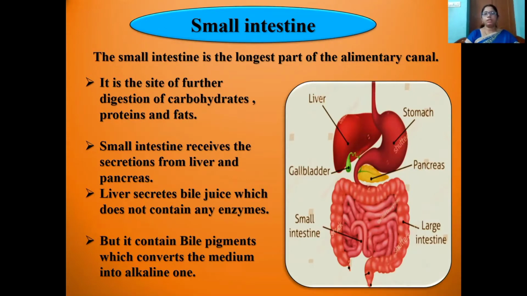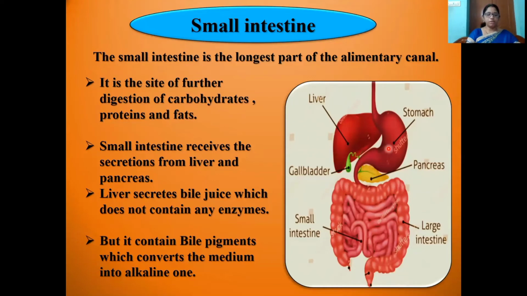The next part is the small intestine. Children, we can see this picture. This is the small intestine. This is the liver. The liver secretes bile juice. This is the pancreas. The pancreas secretes pancreatic juice. The liver and pancreas are associated with the small intestine.